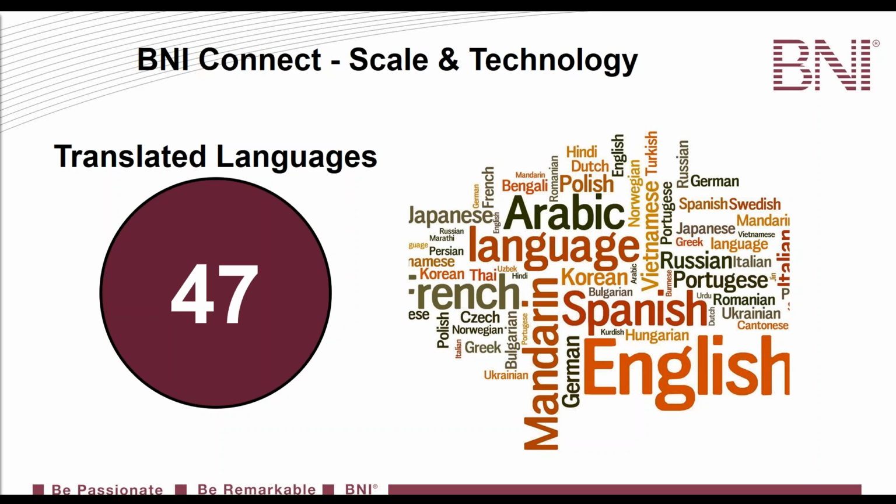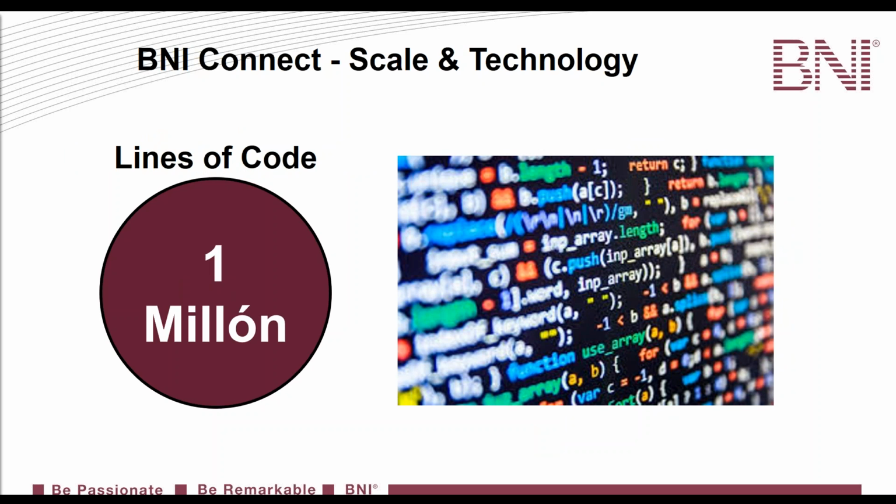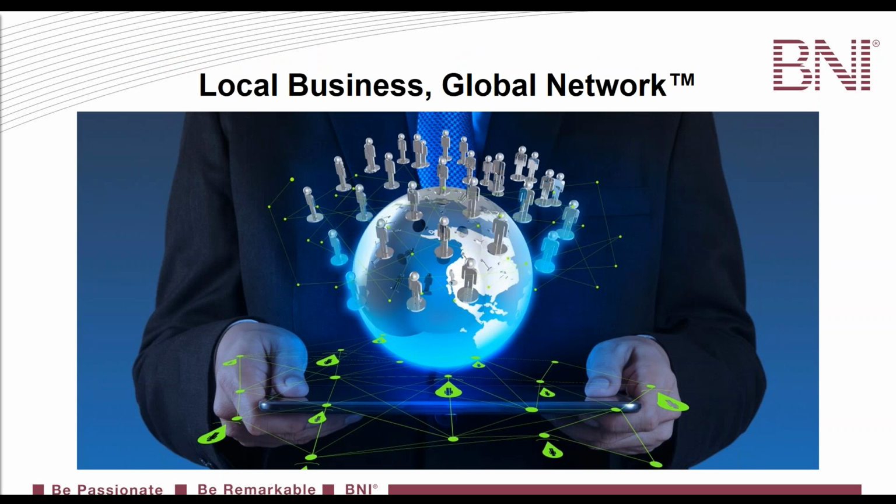Every time we make even a tiny change in BNIConnect, it has to be manually translated for all of these different languages, including about a dozen different versions of English, by the way. We've also got about a dozen different programming languages that are used within the system and over 1 million lines of code. And again, one of the things that makes this so exciting to me is that we can actually tap into this global network now, which is just awesome.